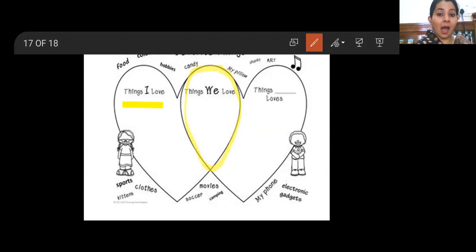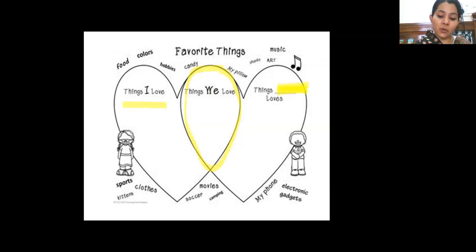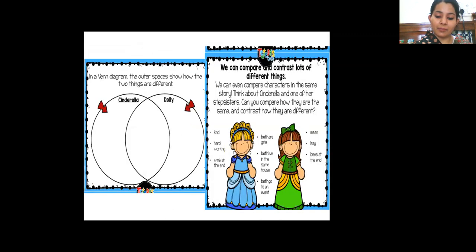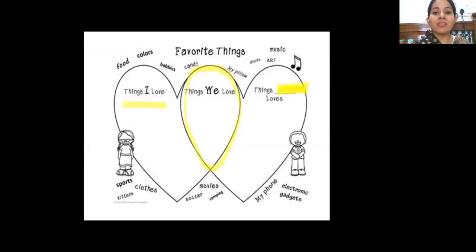Here it is things I love, and here things Dash loves. So Dash can be your mother, your best friend, your father, your siblings, anyone. So you're going to write down his or her name, and there are options given to you on the screen. So accordingly, you are going to put in the hearts and represent a Venn diagram.